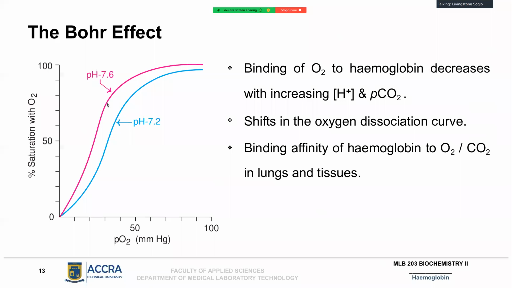But when you come to the tissues, you have to have twice that concentration, somewhere around 50 millimeter mercury before saturation of the hemoglobin can happen in the tissues. So you need twice the concentration of oxygen which you have in the lungs, in the tissues, to cause hemoglobin to actually get saturated.